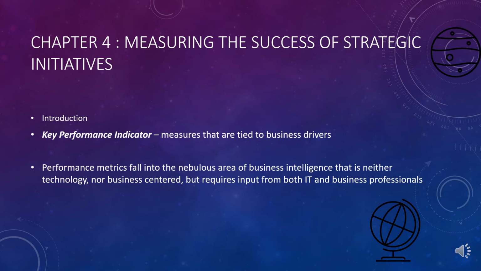Chapter 4: Measuring the Success of Strategic Initiatives. Introduction. Key performance indicators: measures that are tied to business drivers. Performance metrics fall into the nebulous area of business intelligence that is neither technology nor business-centered, but requires input from both IT and business professionals.